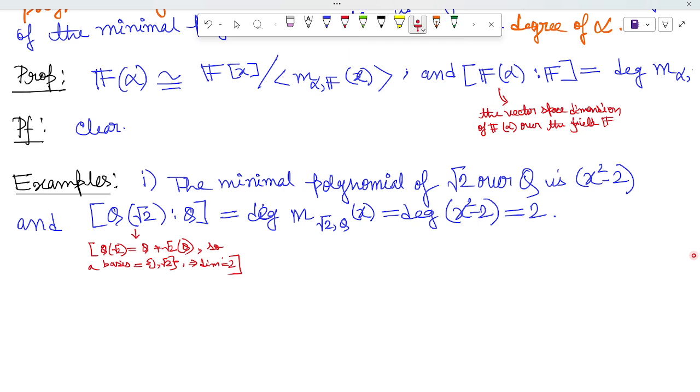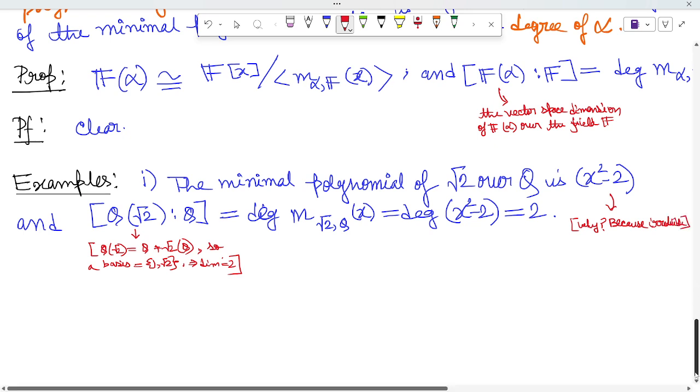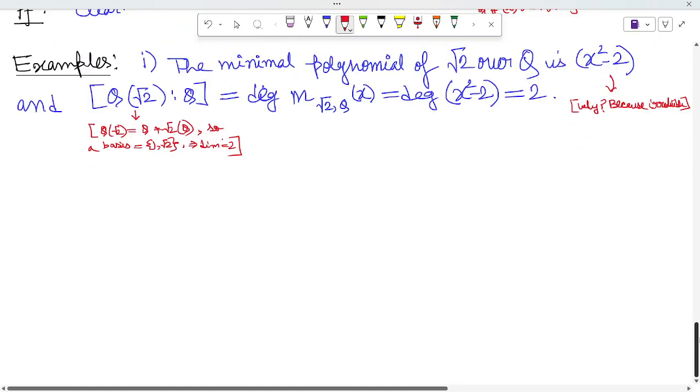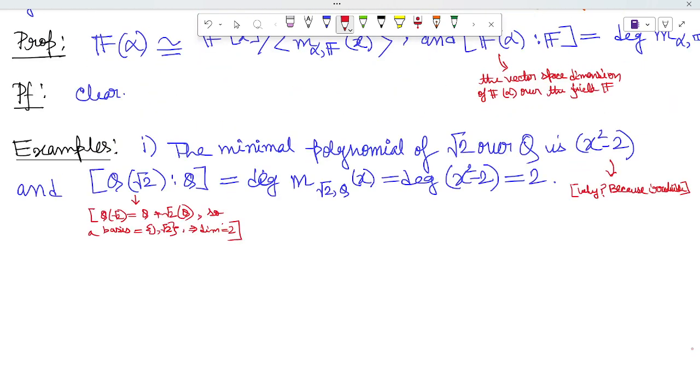Actually, this is irreducible. Why is this the minimal polynomial? Because it is irreducible, also, by the zero test, because it is a second degree polynomial. So we know that reducibility or irreducibility over Q depends on whether the polynomial has a zero inside Q only for degree 2 and degree 3.